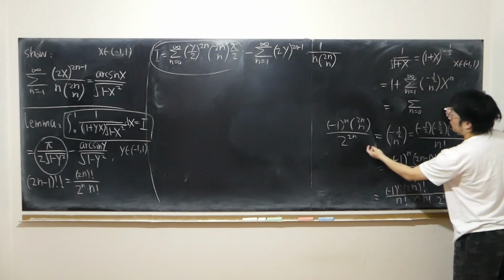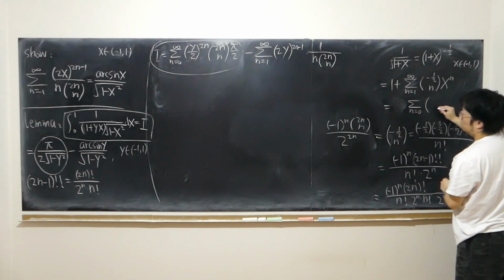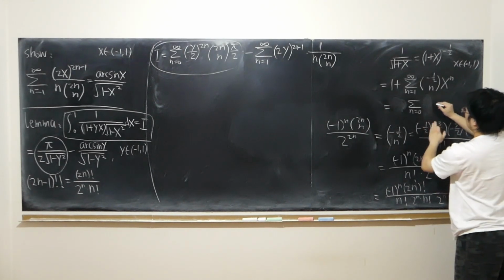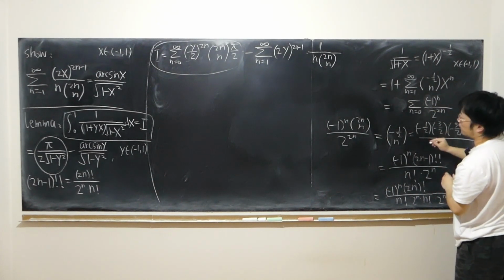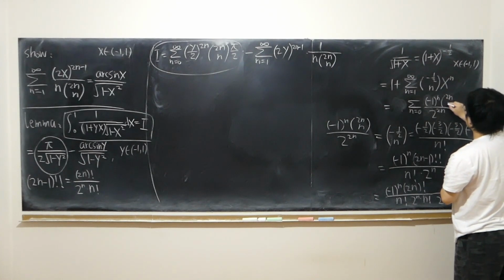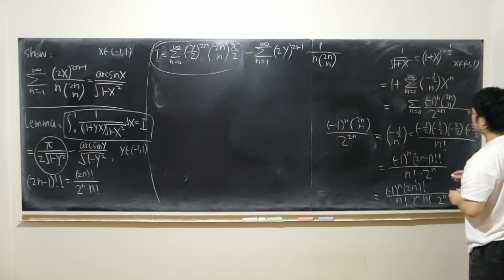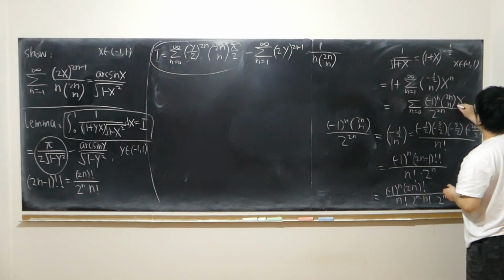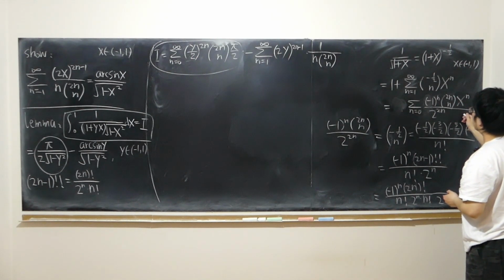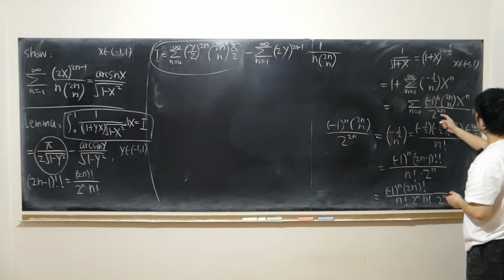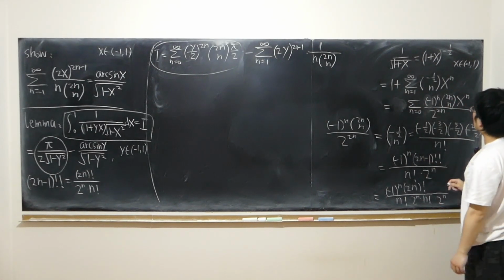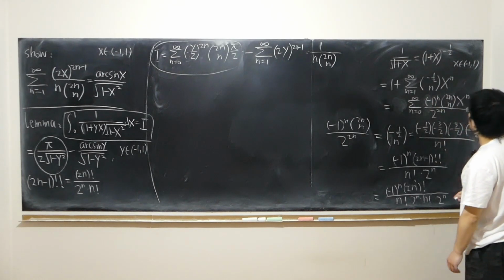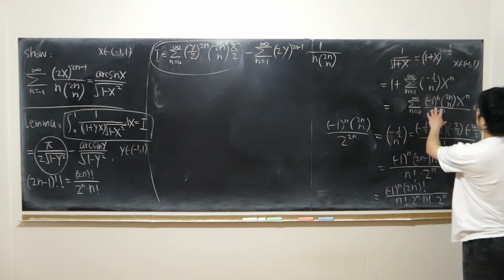It doesn't matter, because when n equals 0 you have 1 times 1, no problem, the first term is 1. So it is the sum from n equals 0 to infinity of negative 1 to the n, 2n choose n over 2 to the 2n, times x to the n.